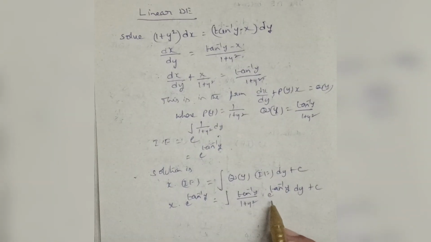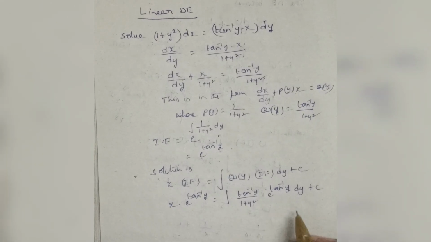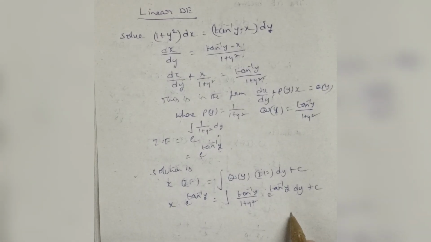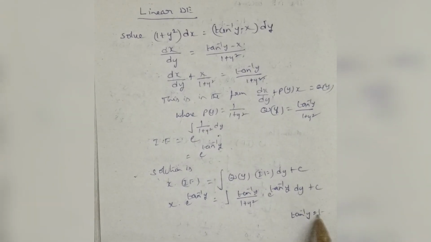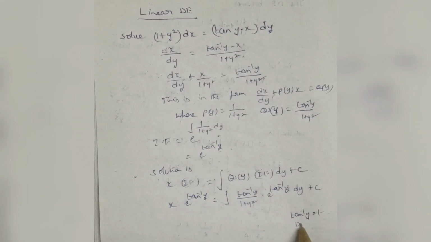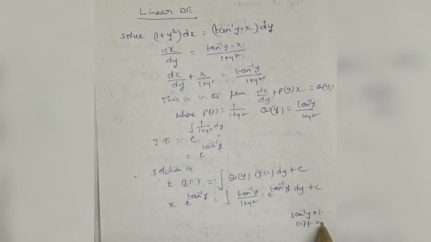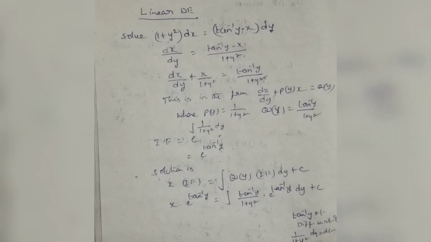This should be integrated. So substitution method: let tan inverse y equal to t. Both sides differentiate with respect to t, we get 1 by 1 plus y square dy equal to dt.